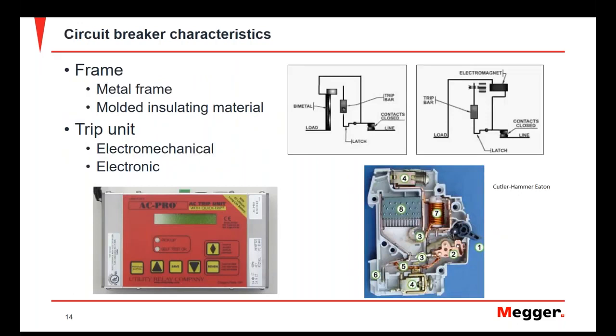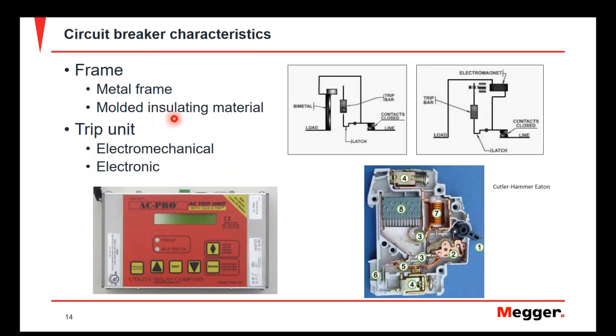What are some characteristics that we want to understand whenever we talk about different circuit breakers? Well, a lot of the circuit breakers that we see whenever we do primary injection testing typically either have a metal frame, or they're an air insulated breaker, or a molded insulated case, where they use glass polyester or a thermoset composite resin to construct the case of the breaker.